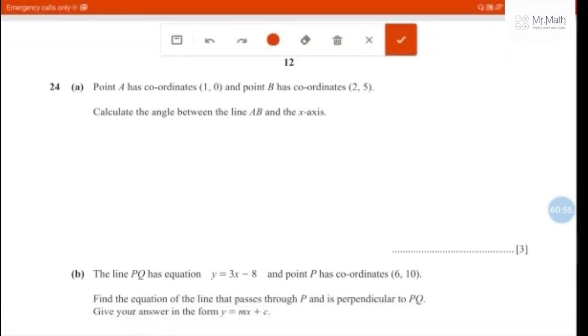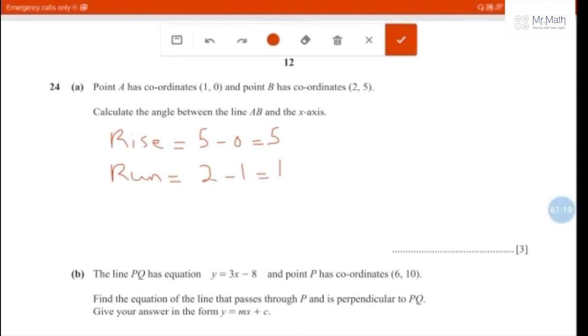So in this part, what's the rise? The rise is the difference in the y values. So it's y2 minus y1, which is 5 minus 0, and the answer is 5. And I have to find the run, which is the difference between the x values, x2 minus x1. So 2 minus 1 is 1.